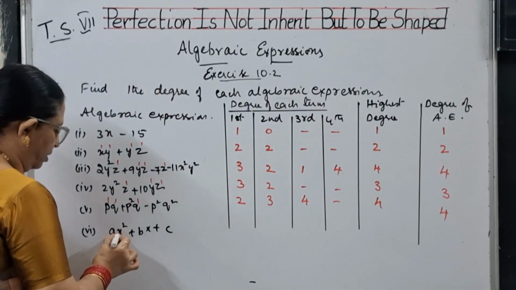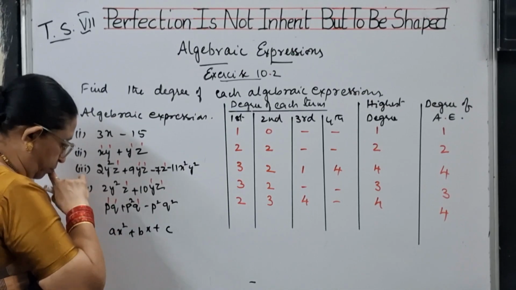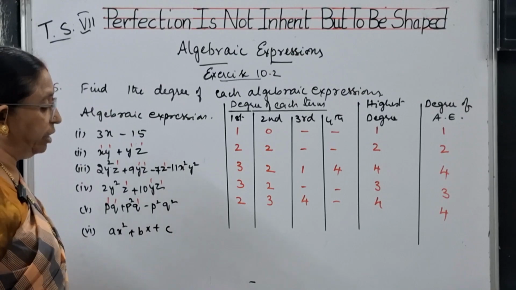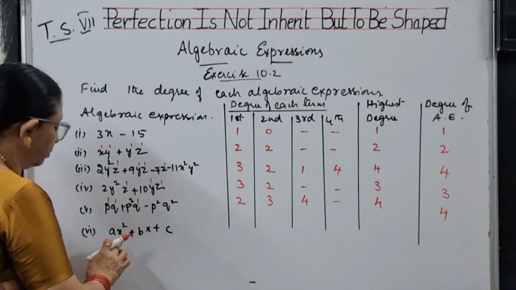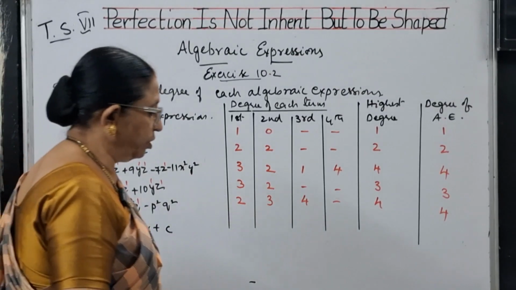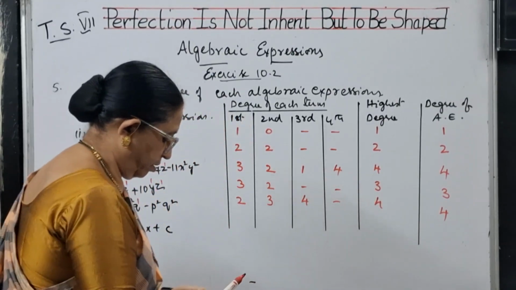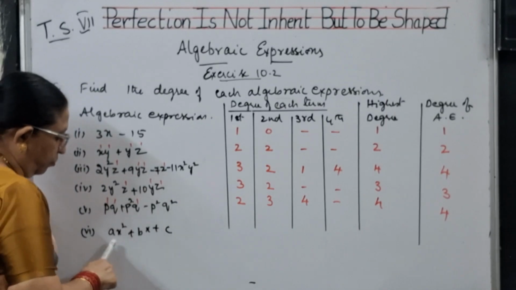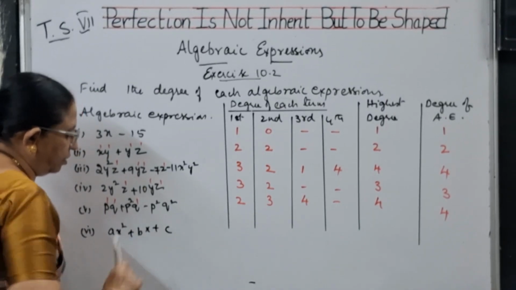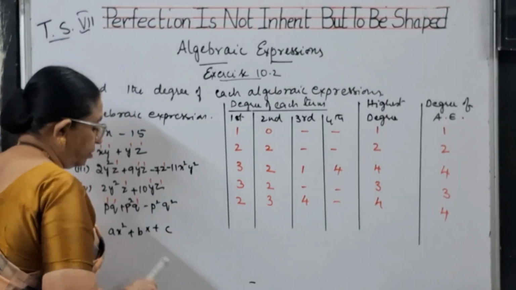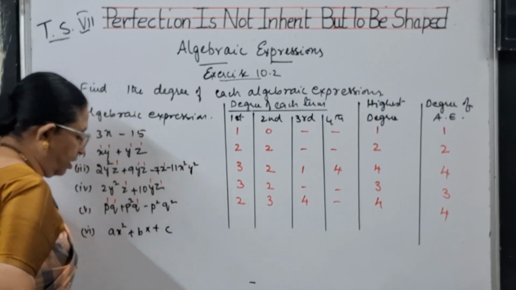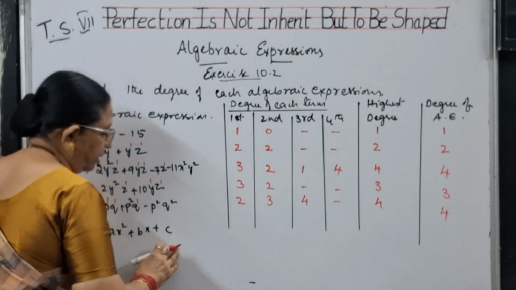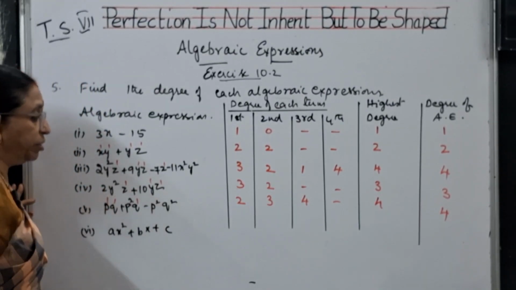Next, here it has got a, b, c, which should not be considered as variables, children. Here you have to consider x and x only. Why are we not considering a, b, c as variables? Because this is actually a general expression of a quadratic polynomial, where a, b, c are considered to be certain numbers.